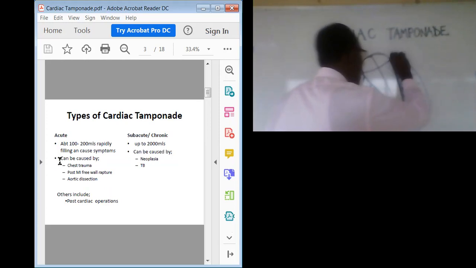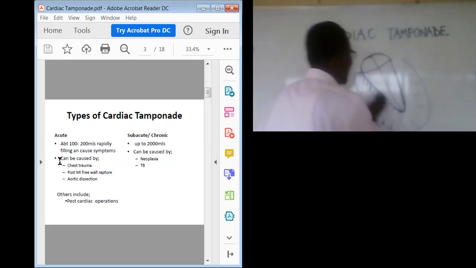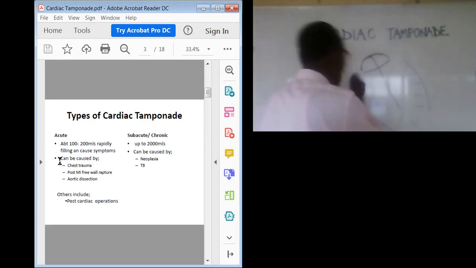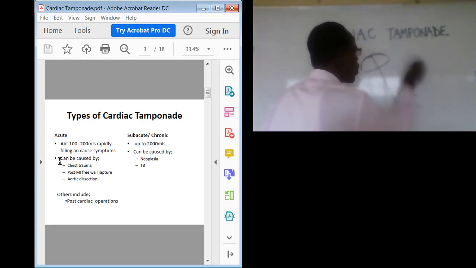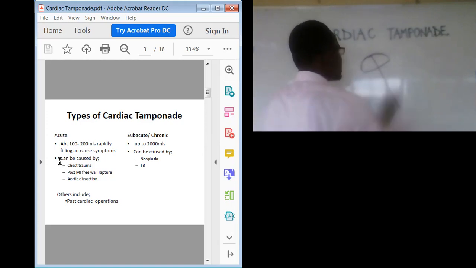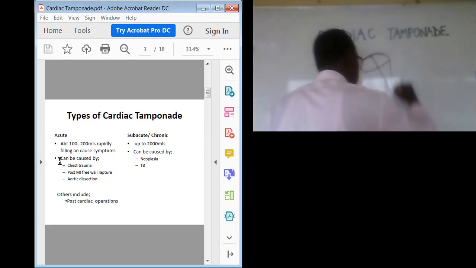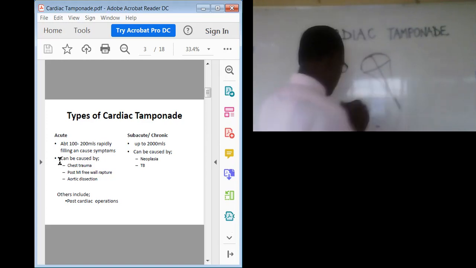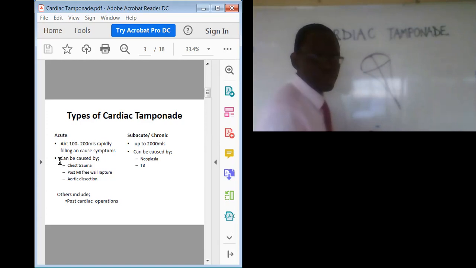In other words, you have too much fluid accumulating rapidly in the sac here, and therefore contributing to these chambers. It makes these chambers so unable to perform their function.